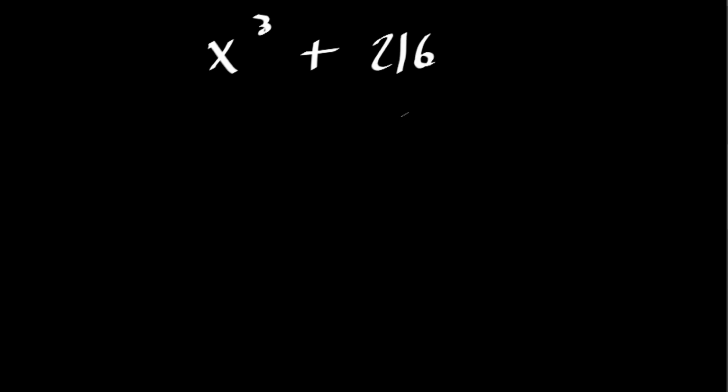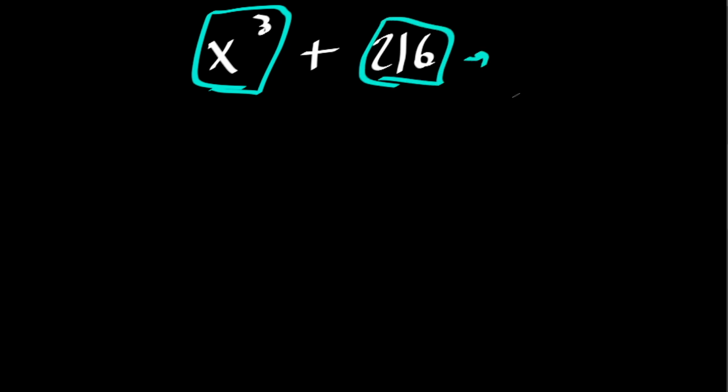If we want to factor this, first we have to recognize the setup. There are two terms, we're adding, and this is to the third power. If we can write 216 as a number to the third power, then we can use sum of cubes. So what to the third power would give me 216? Or you could also just do the cube root of 216.